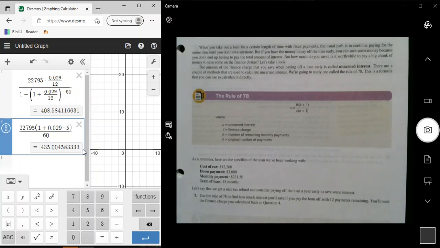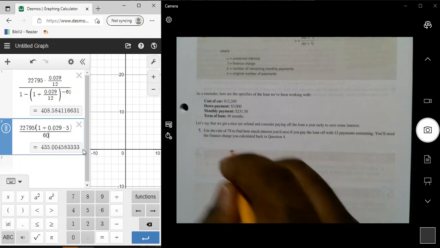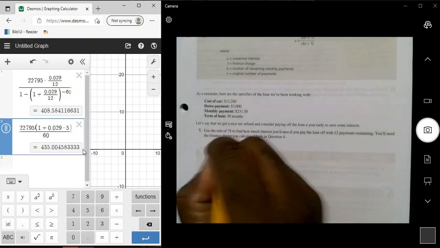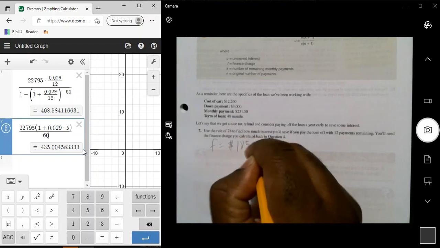So as a reminder, here are the specifics of the loan we've been working with. It says, let's say that we get a nice tax refund and consider paying off the loan a year early to save some interest. Using the rule of 78, find how much interest you save if you pay the loan off with 12 payments remaining. You'll need the finance charge you calculated back in question 4. So we will have F is equal to $1,852.